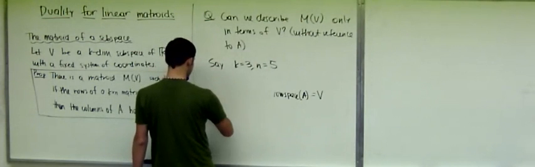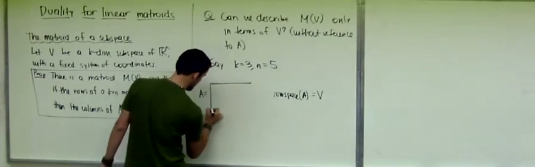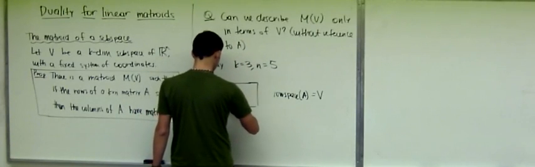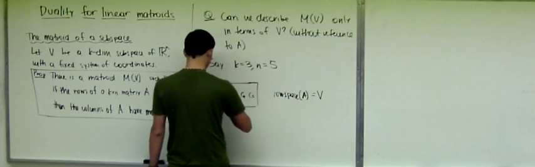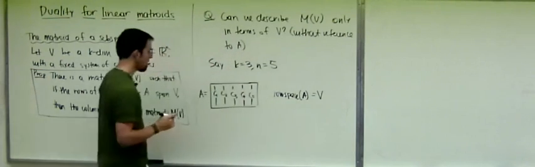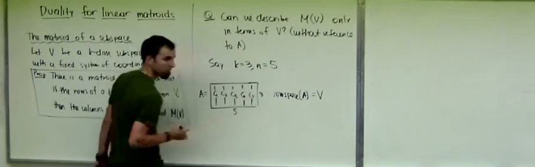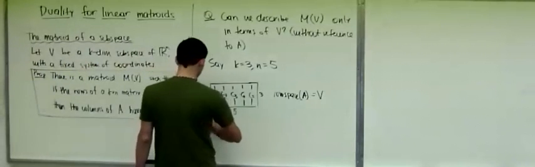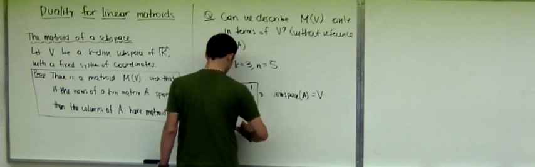So A is a 3 by 5 matrix, and the columns are C1, C2, C3, C4, C5. This is my 3 by 5 matrix. So M of V is the matroid on the columns.